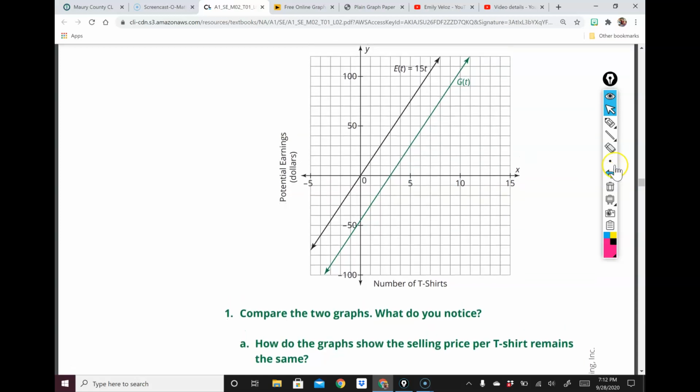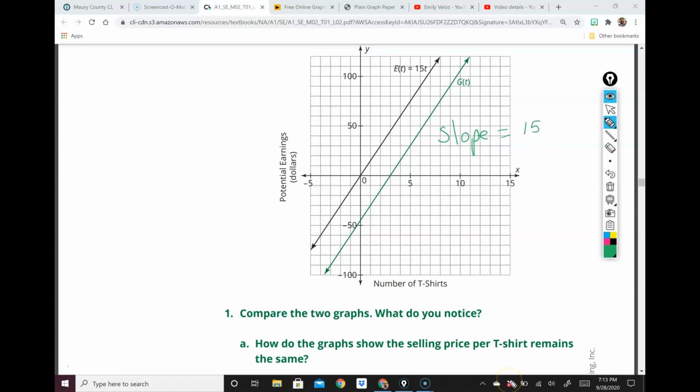Well, remember in the last problem, we indicated with this green line that our slope was 15.